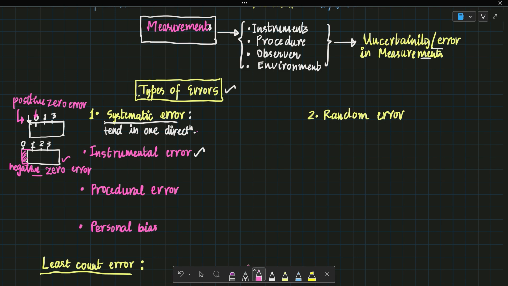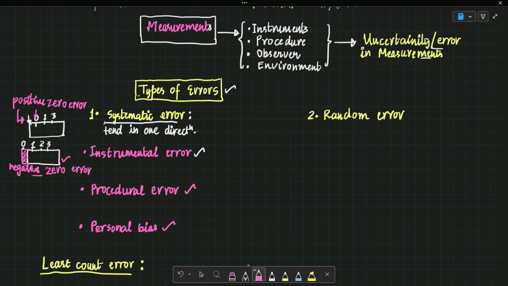After that, we are saying that there is procedural error. Suppose we are measuring body temperature. If we put the thermometer in the armpit, it will give a lower temperature compared to the actual body temperature, which is higher. So we need a better procedure to take body temperature. And after that, there could be personal error or personal bias.